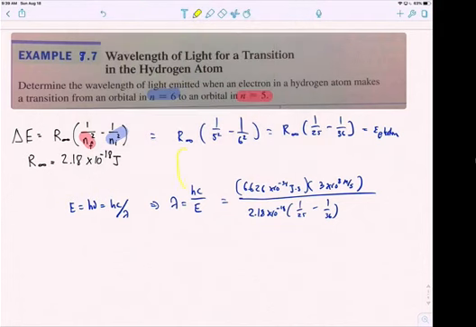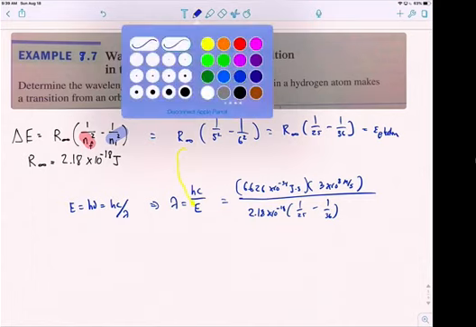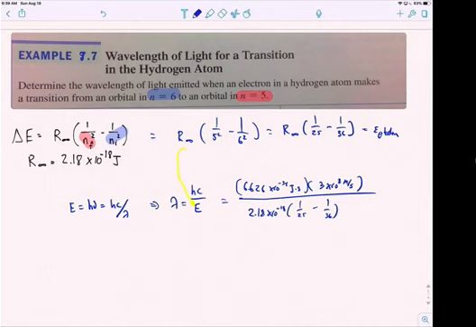I'm taking this and putting it right there. Then you put this into your calculator and you get 7.46 times 10 to the minus 6 meters, also known as 7460 nanometers.